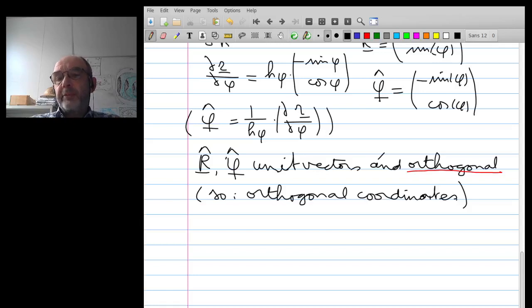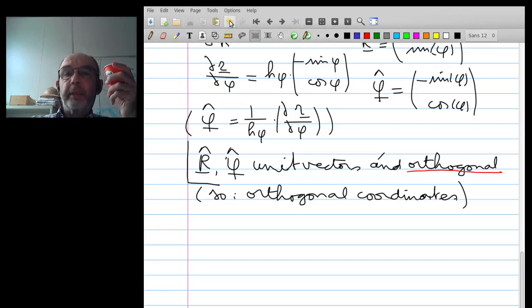You cannot say anything if they are not perpendicular. You cannot define some inner product, or an inner product doesn't say anything. So that is very important, that those vectors are staying perpendicular. That is the reason why.